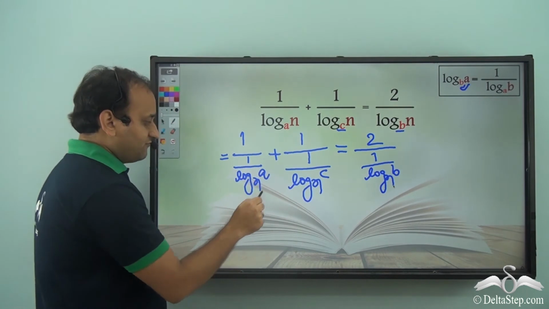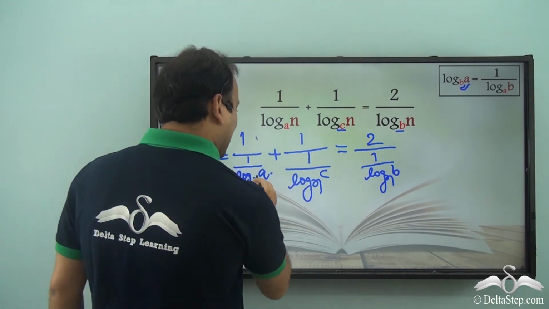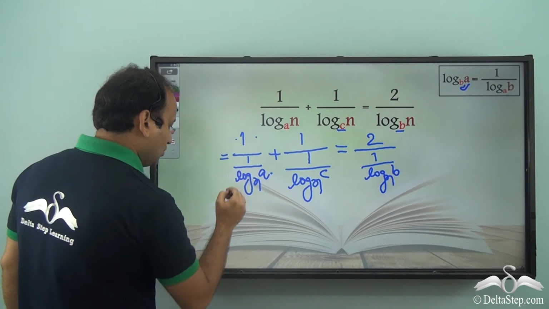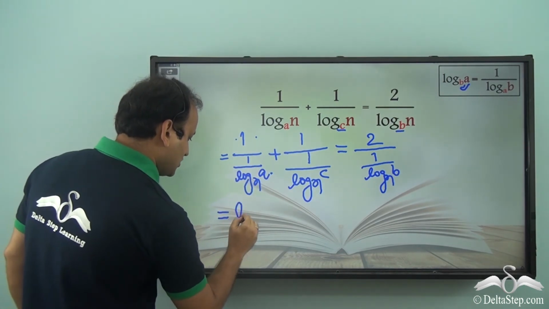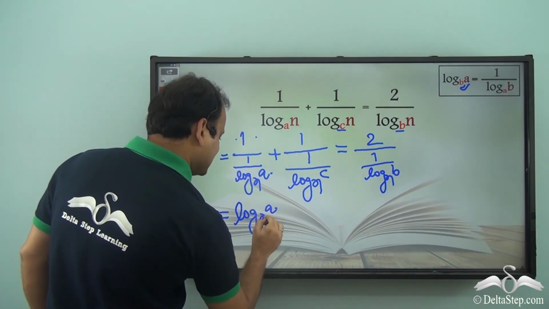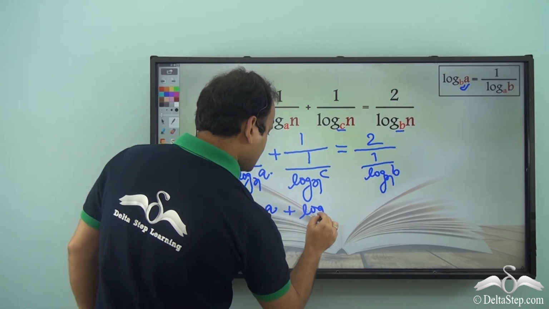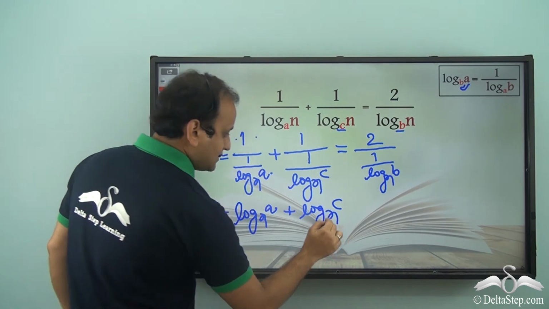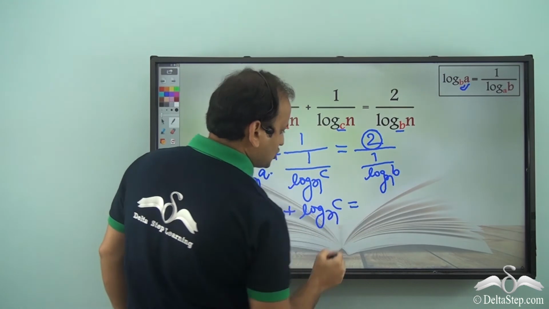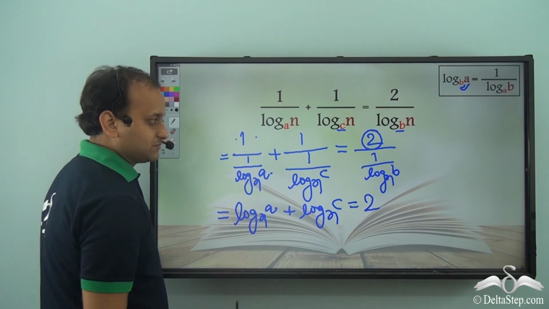So now we know that if we want to bring the denominator to the numerator, then we will have to reciprocate it again. And now since we are dealing with all the ones, we can ignore them and directly write it as log a to the base n plus log c to the base n is equal to, here we have a 2 already at the top, so that will keep its place because we cannot ignore a 2 in a multiplication.